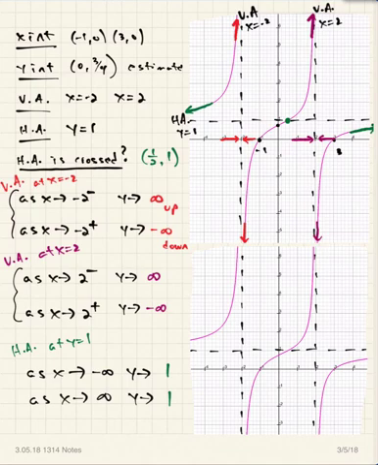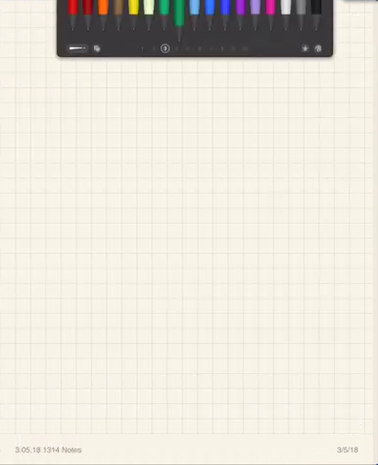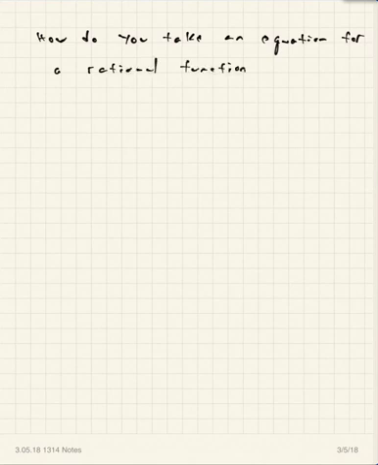Now, what we've got left to do for rational functions is, how do you take an equation for a rational function and find out all this information?